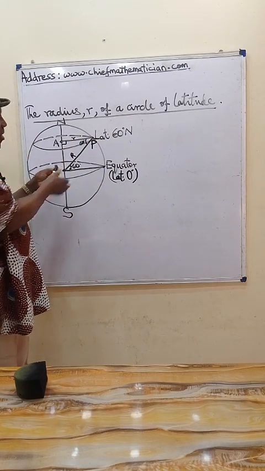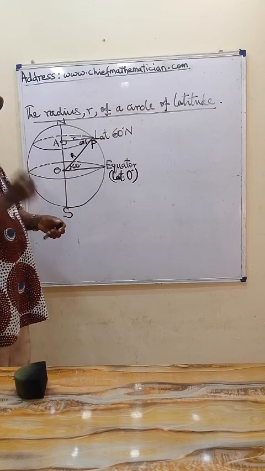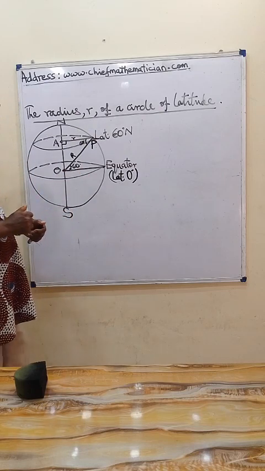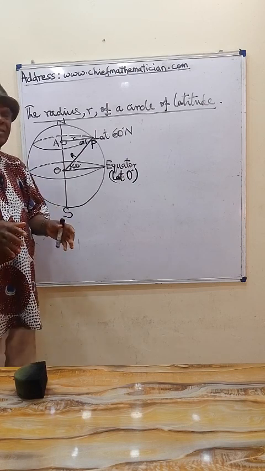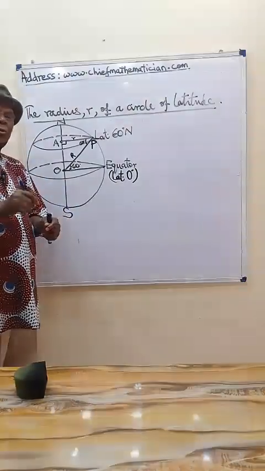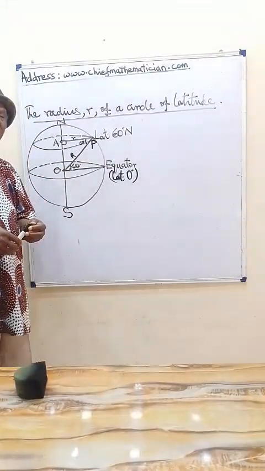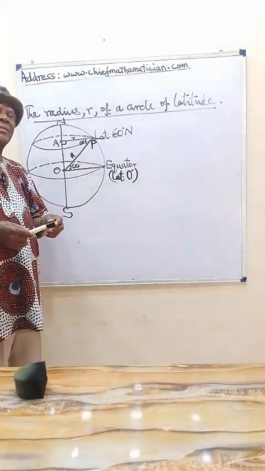The plane of the latitude is parallel to the plane of the equator. I've already explained that. And again I told you that the distance from the center of the earth to any point on the surface of the earth is equal to the radius of the earth.